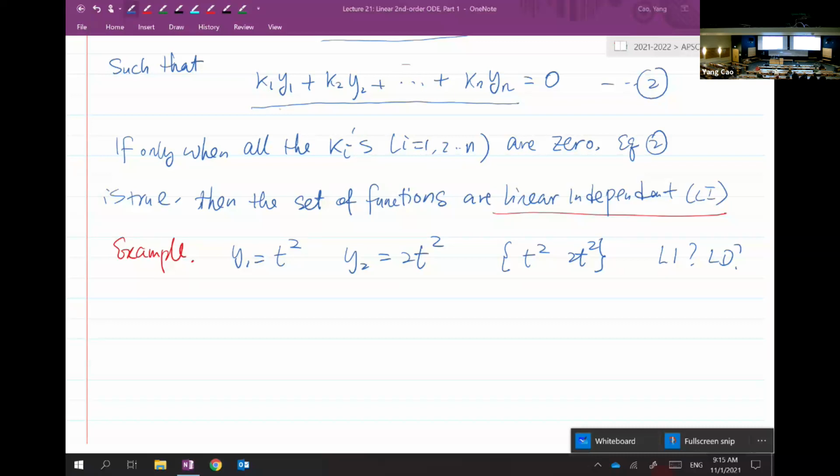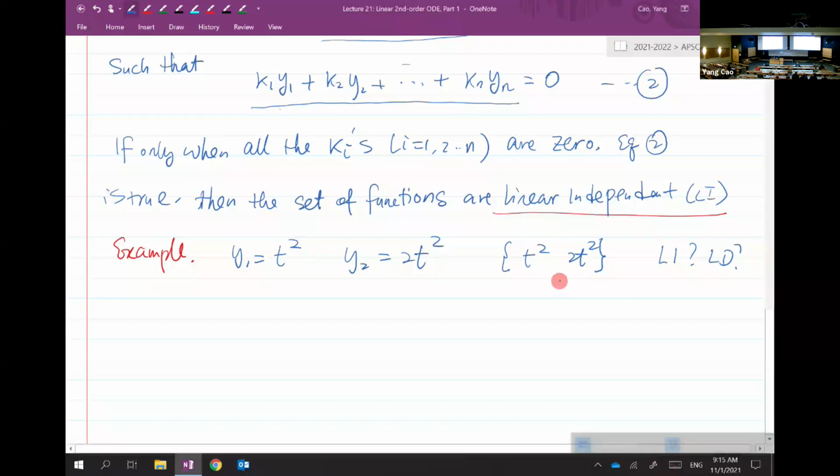If I have some kids, then the kids must come from a couple, from me and my wife. So technically, your kids can be written as a function of the mom and the dad. That's why it's called dependent. Otherwise, it's independent. You and I are not related, so you're not my dependent, but the kids are related to me, so they're dependent. That's basically what dependent or independent means.